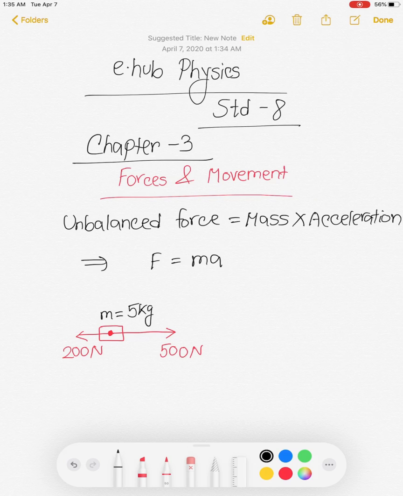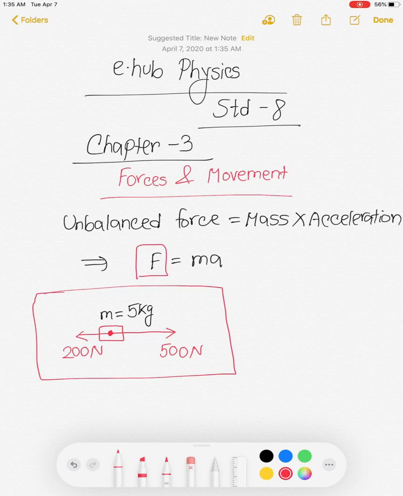So now what will be the value of F for this situation? Like an object of 5 kg is being pulled towards the right with 500 Newton force and towards the left with 200 Newton force.